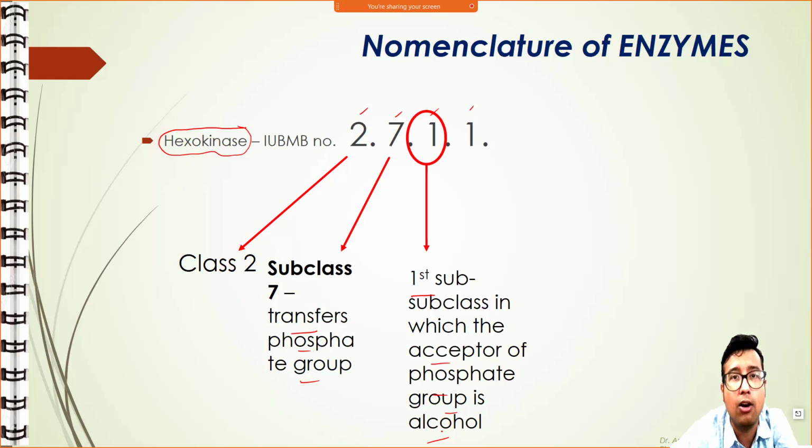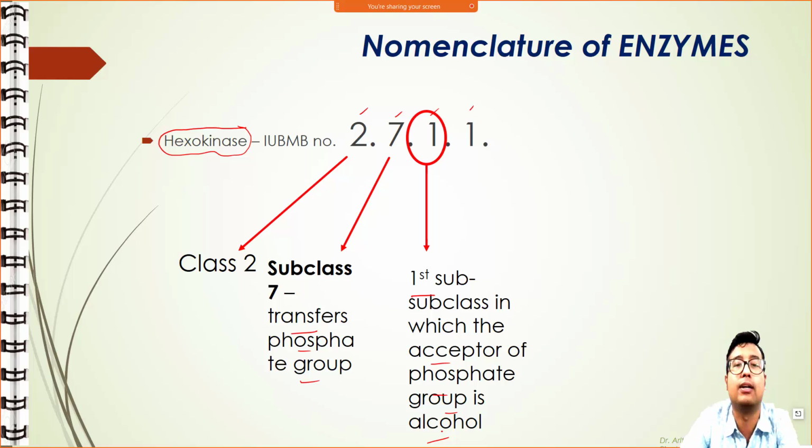So where is the alcohol in glucose? Yes, there is. It's a polyhydroxy aldehyde or ketone, right? So polyhydroxy alcohol. There are multiple OH groups in glucose, right? Glucose, fructose, everything. The first is a CHO group and the rest are all OH. Hydroxy in organic chemistry means alcohol.